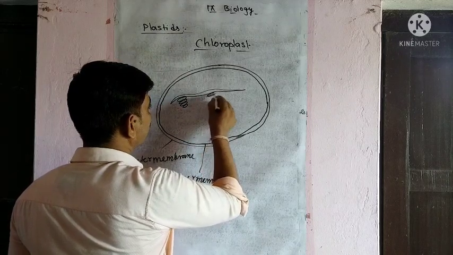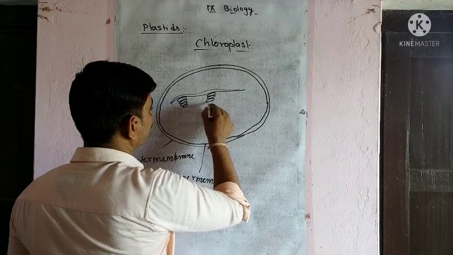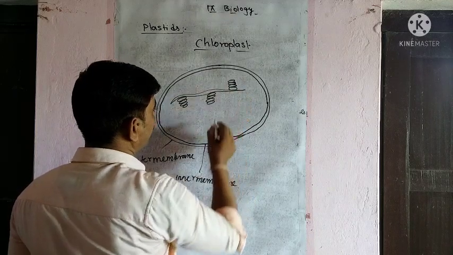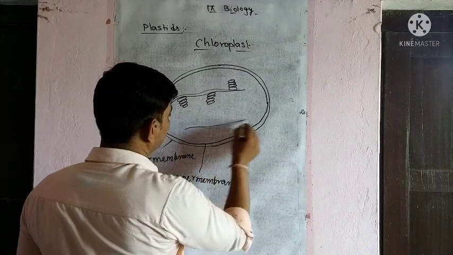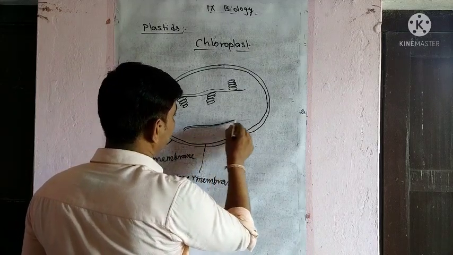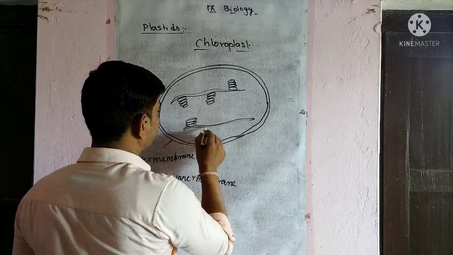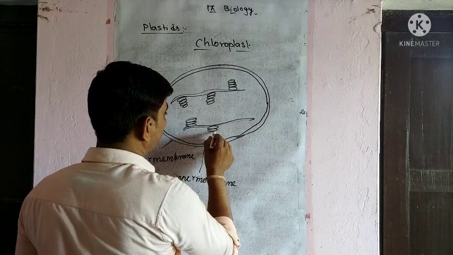These folds become free, while in mitochondria those folds are converted into cristae. But here they are set free and are called lamellae.